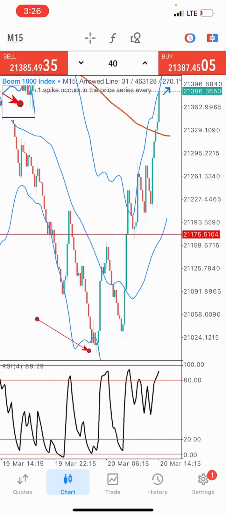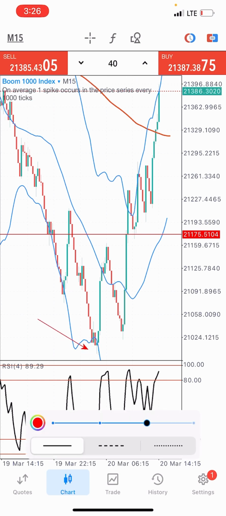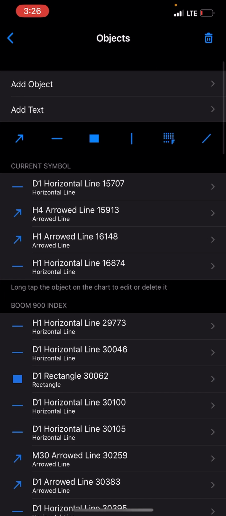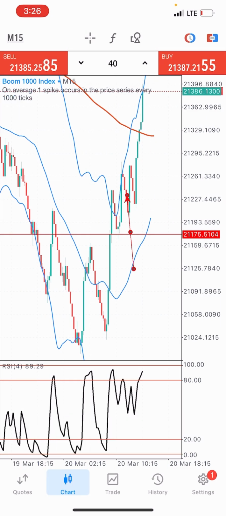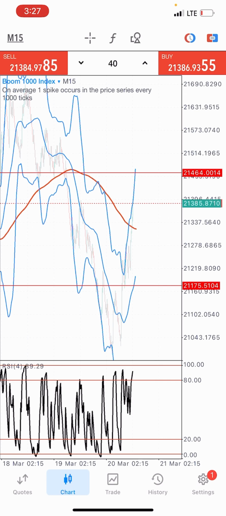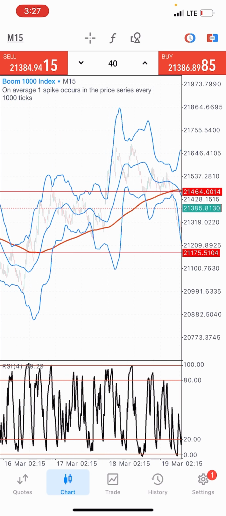Once market touches the down Bollinger Band, and you see this red indicator on the main chart below the price, the main indicator is supposed to be below the price for you to buy. But since we have the main indicator above the current price, let's just see something right here. Let's say this red indicator was just below the current price.